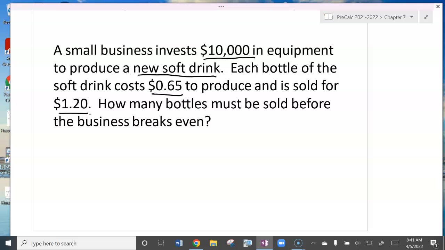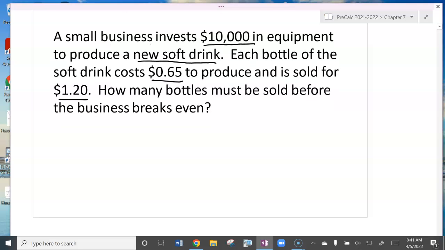So let's go ahead and write our system of equations. They're investing $10,000 in equipment. So we're going to look at expenses. And we're going to look at revenue. Expenses is the money going out. Revenue is the money going in. So I'm going to write an equation for expenses and an equation for revenue. They invest $10,000 up front.